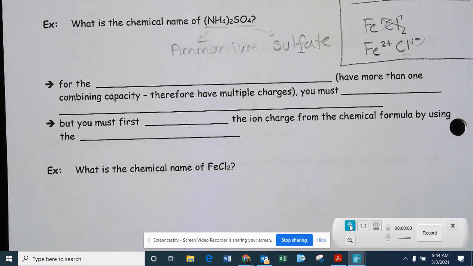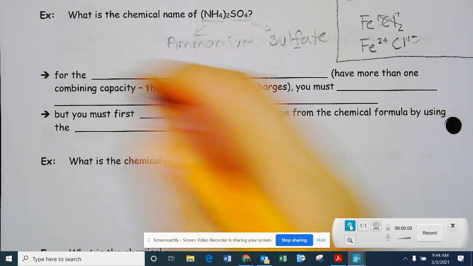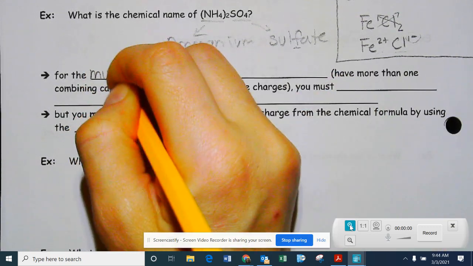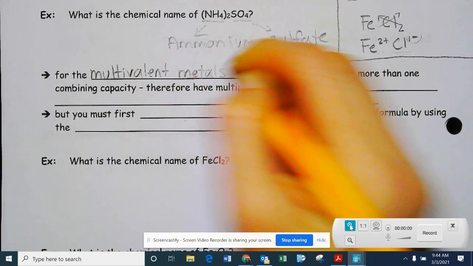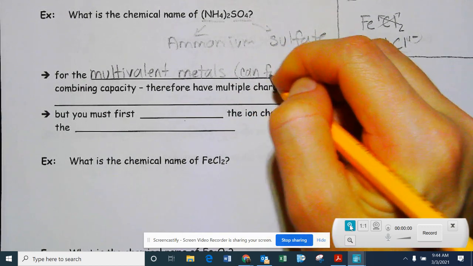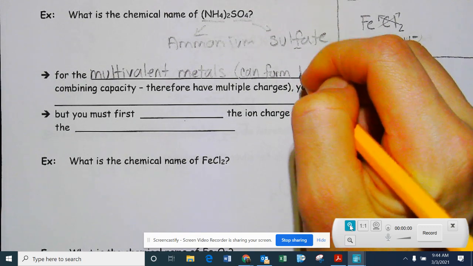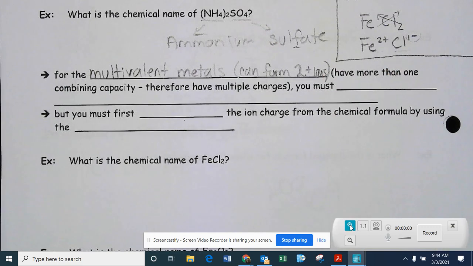All right. So, oh yeah, and we're gonna go over that in more detail. So for the multivalent metals, multivalent just means can form more than one ion, 2 or more ions. That's just the name for that, multivalent. You have to specify the charge with a Roman numeral.